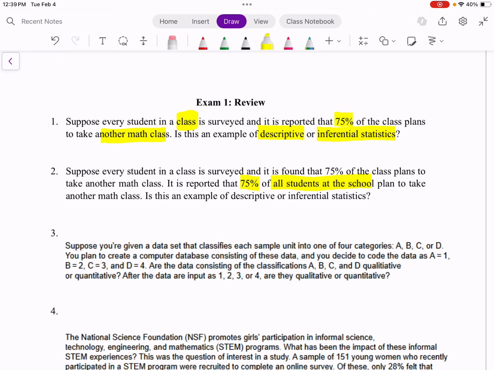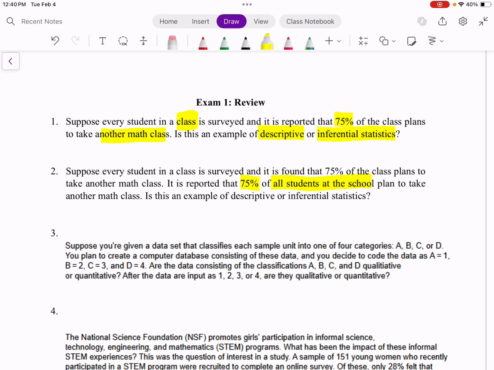Do you have a reason for that? You say 1 is descriptive and 2 is inferential. Why do you think that? Because in 2, they're saying from the sample from the class that 75% of the whole school was taking math. I thought number 2 was saying that we know for a fact that the whole school is the population, and we know for a fact that 75.